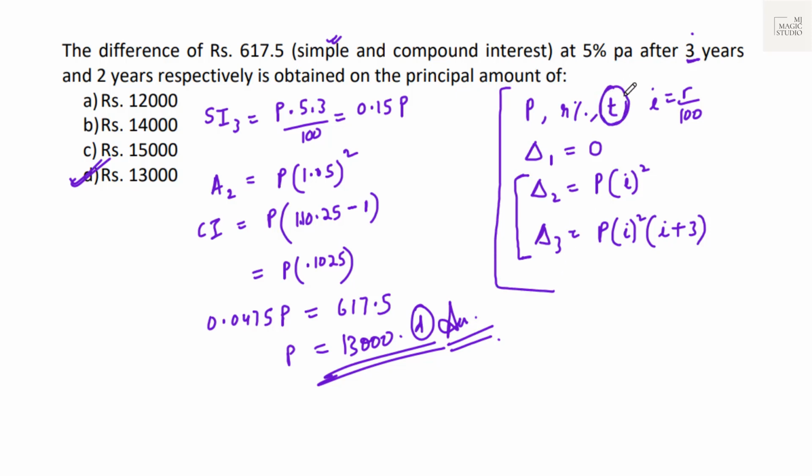Remember, these formulas are applicable only when T is the same for both simple interest and compound interest. Here T was different, so we have used the formula in full. Calculate simple interest for 3 years, calculate compound interest for 2 years, the difference between them is given, find the answer.